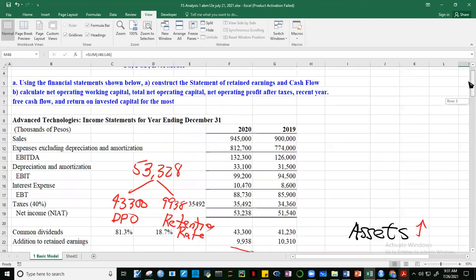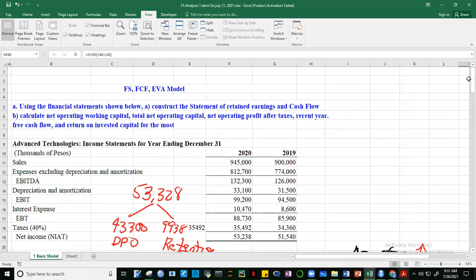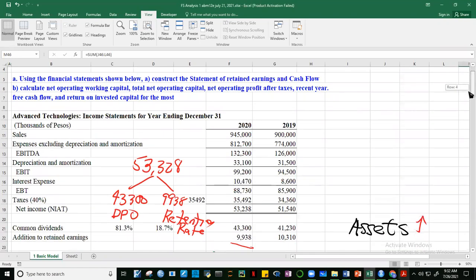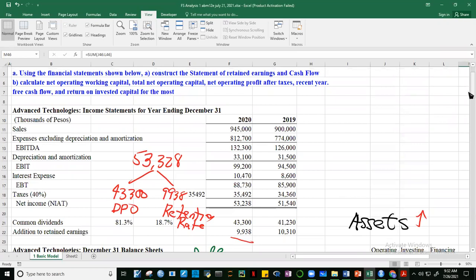So take a look at the income statement, guys. Is there something in the income statement that we have not yet included? Okay, I'll give you a few seconds. Tignan nyo siya. Tapos may makikita ka dyan, hindi pa natin nasama.